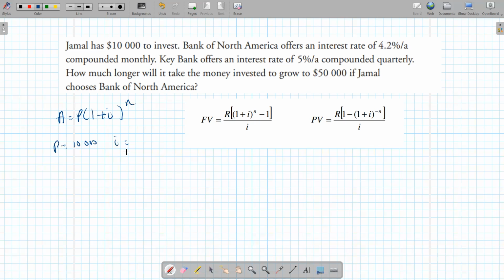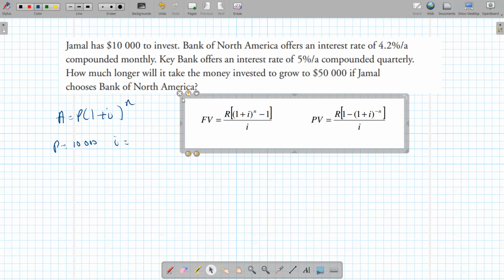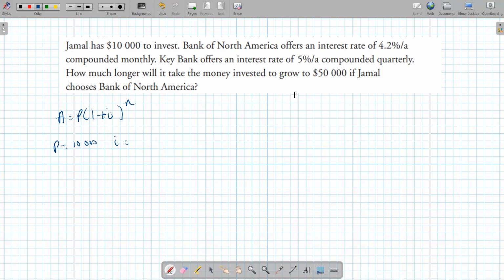0.05 divided by 12. Now in this question, there are two options. Again, this is an option question. You have the Bank of North America, and then the Key Bank. The goal is how long it takes, the difference in timing.